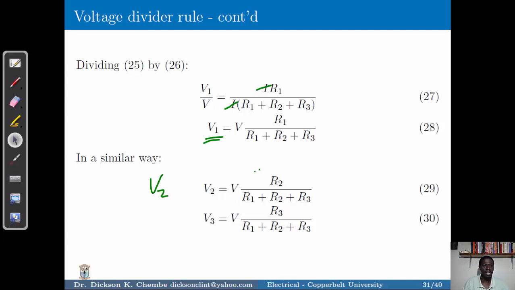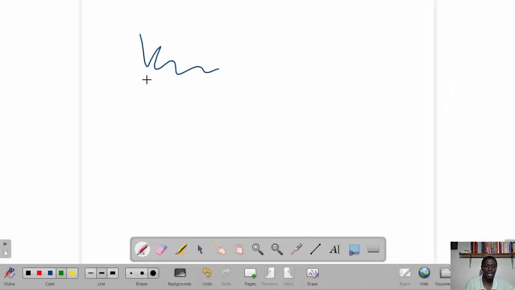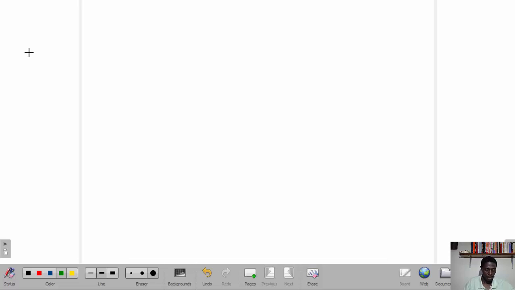Now let's look at those examples that we discussed and said we can analyze. The first example we had was a circuit that appears as follows.